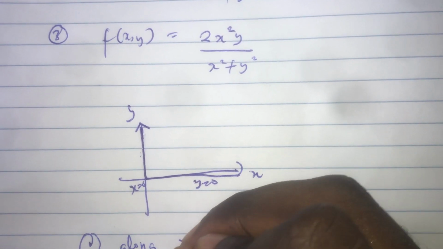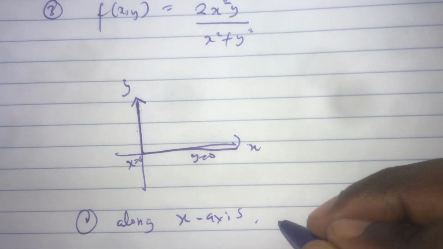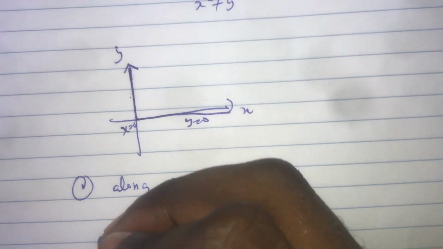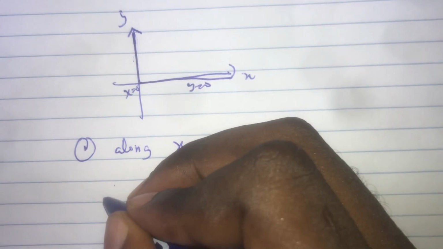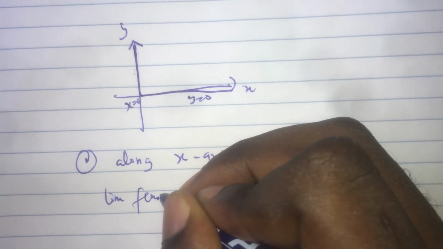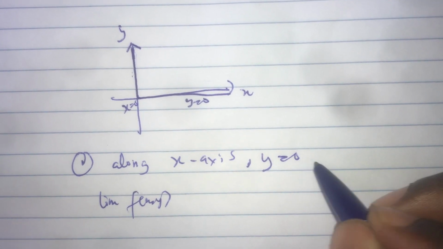along the x-axis, which is on the x-axis, y is equal to 0. Then our limit of the function. So we have y equal to 0, right?